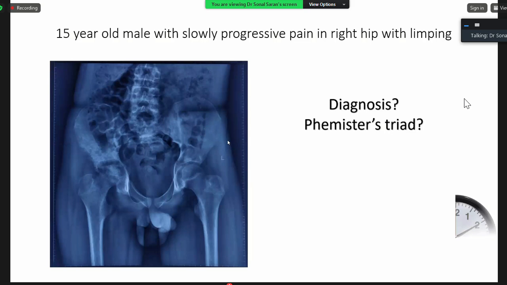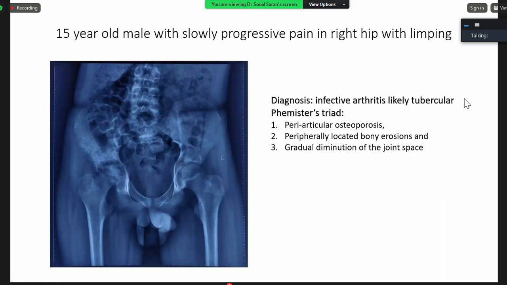There is involvement of the head as well as the acetabulum. There is slight widening of the joint space, maybe because of effusion. So the diagnosis in this case is infective arthritis, which is likely tubercular.